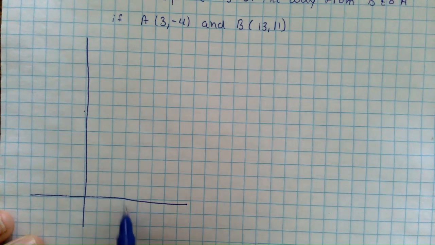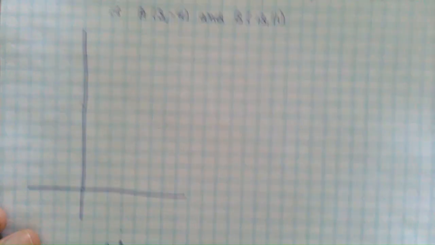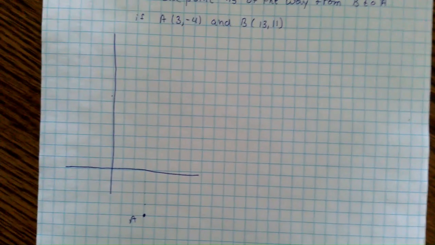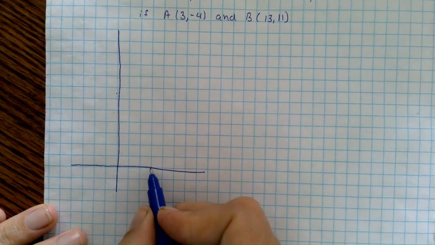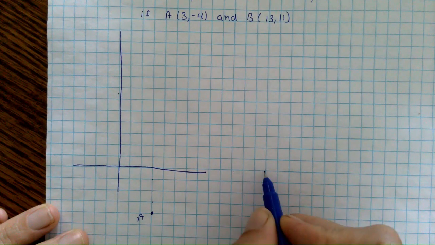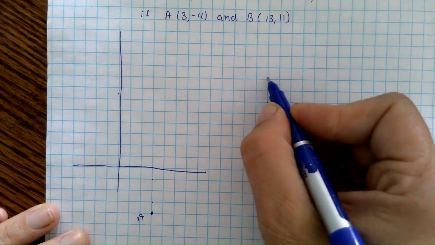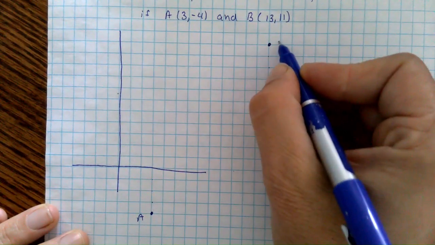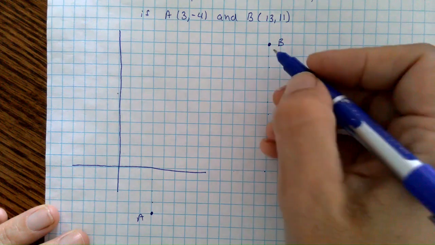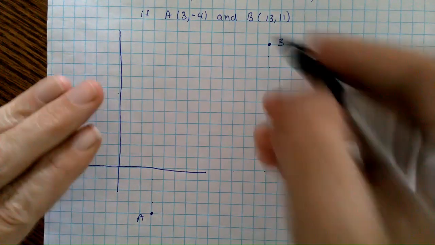So we've got (3, -4), and that's A. Zoom out a little here. 1, 2, 3, 4, 5, 6, 7, 8, 9, 10, 11, 12, 13. 2, 3, 4, 5, 6, 7, 8, 9, 10, 11. There's our B.